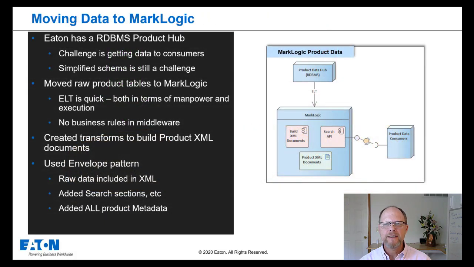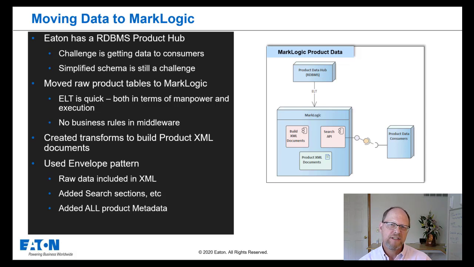And we recognize this at Eaton. So we have a relational product data hub, and we knew from the beginning, even before we deployed it, that getting data out of it was going to be a challenge. We even created a simplified relational database schema on top of our hub to theoretically make getting the data out simpler.